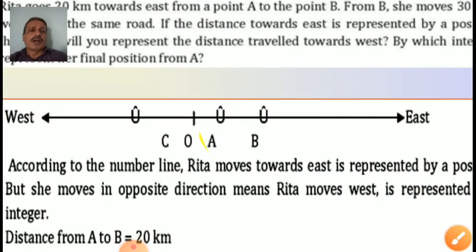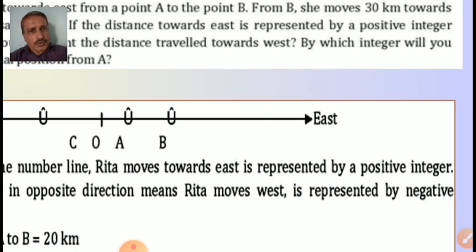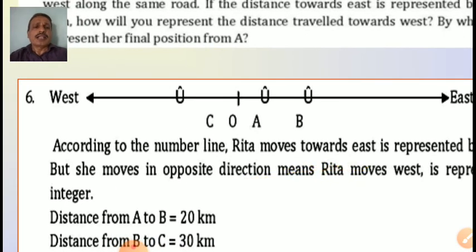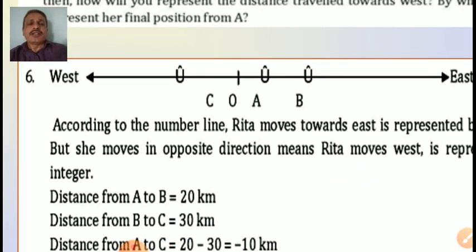According to the number line, Rita moving towards east is represented by a positive integer, because the question already said east direction is positive. And next, she moves in the opposite direction. That means we are using addition of positive and negative. So west direction is represented by negative integers.